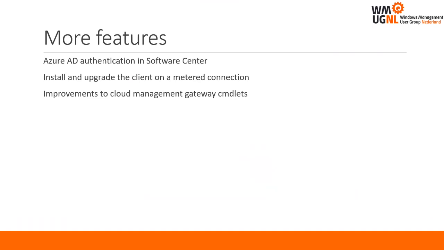co-management and hybrid management of a machine is, of course, all the investment you've made in applications and all the ways we can deploy an application in Configuration Manager, which we maybe cannot do in Intune, at least not yet. We can do a lot, but we can't do everything. And we have tested everything.